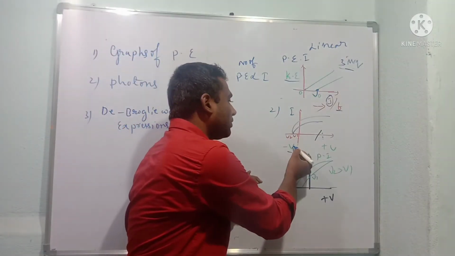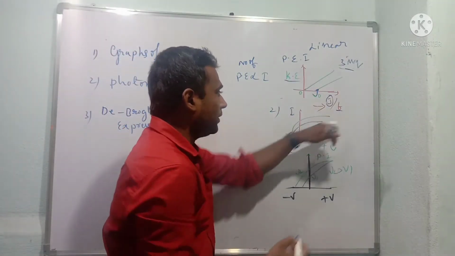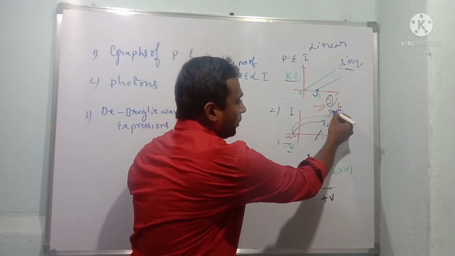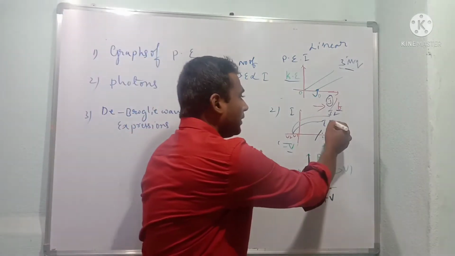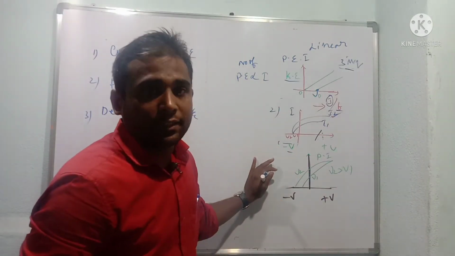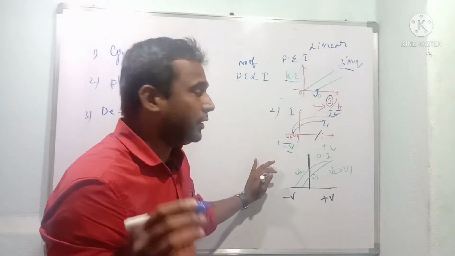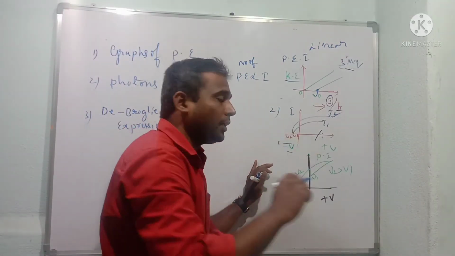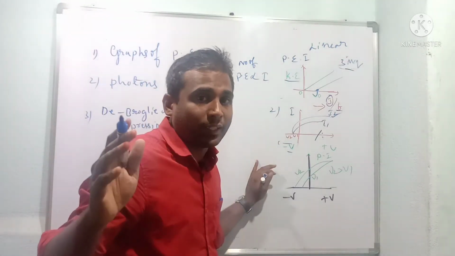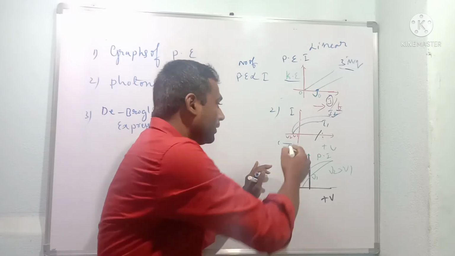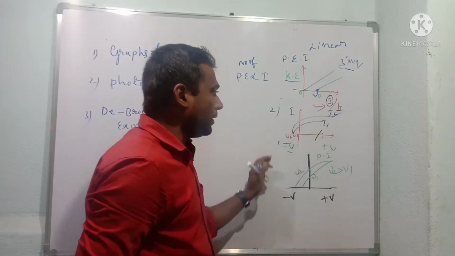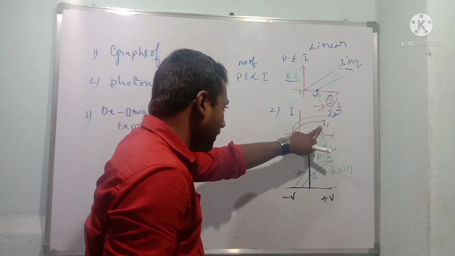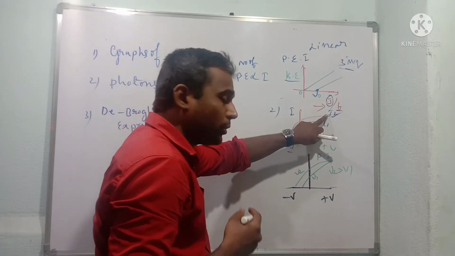Now, you call this I1 and this I2; as the intensity increases, the current increases. Dear students, remember the stopping potential is the same for all intensities of light. Here I1 and I2 are represented: I1 is intensity 1, I2 is intensity 2.